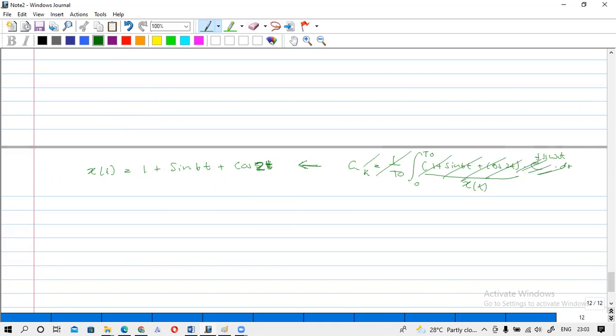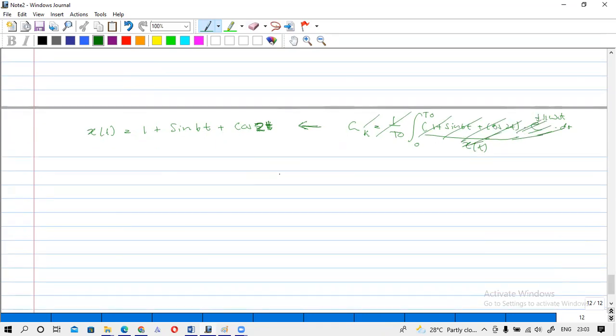So what you can use here is the Euler formula. But before that, we have to verify whether this is periodic or not. We also have to find the period.